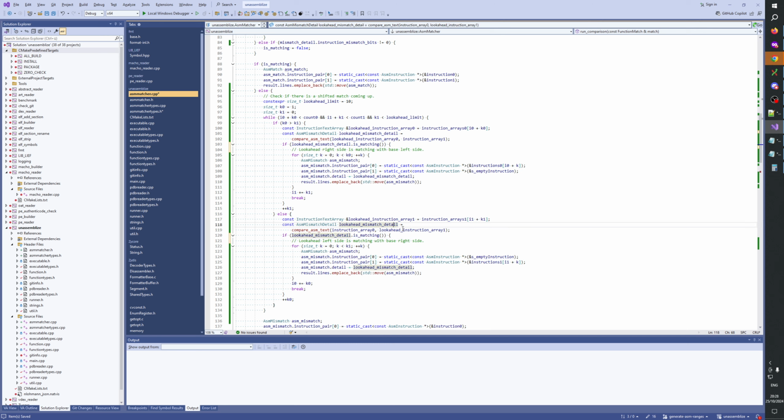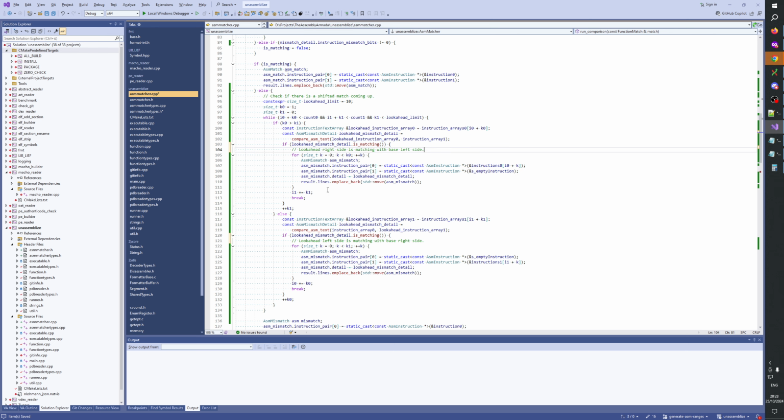All right? No, got it wrong. Look ahead. No, it's correct. This is a base. Left side is matching with base right side. Yeah, it's correct.